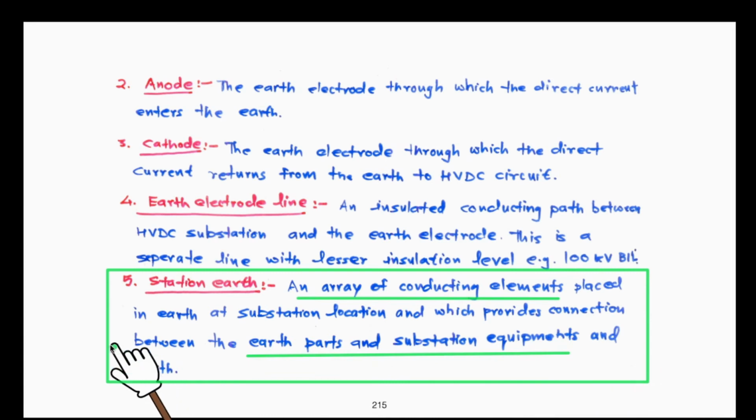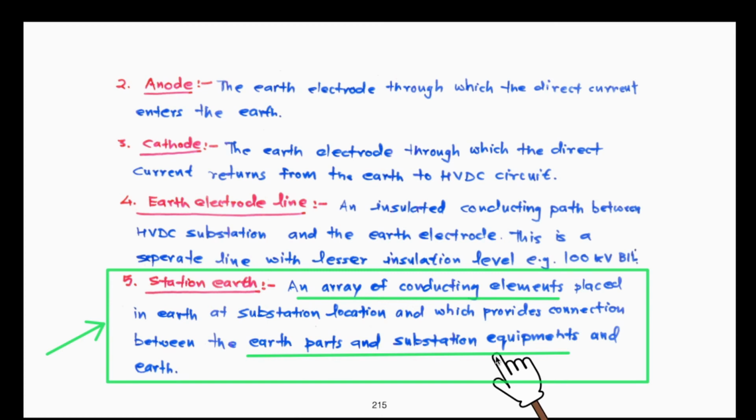This particular thing, the station earth, is altogether different from the earth electrode and earth return. It's a typical earthing which is used in domestic premises and substations. There are earth pits, and all parts of the substation equipment, other than the line conductors, which require earthing and which are to be insulated, are connected.